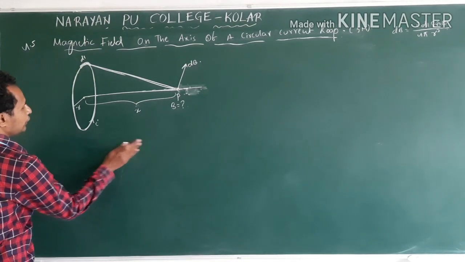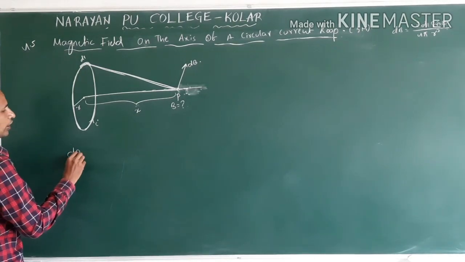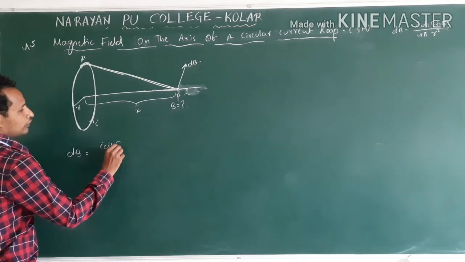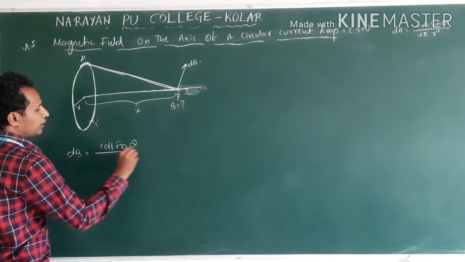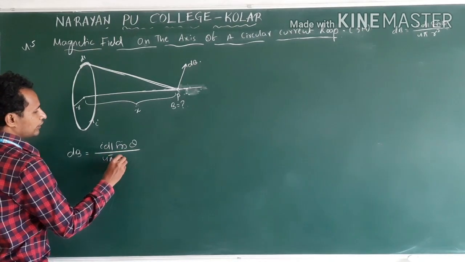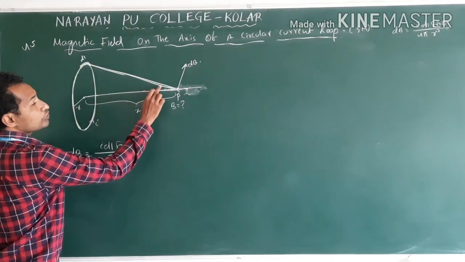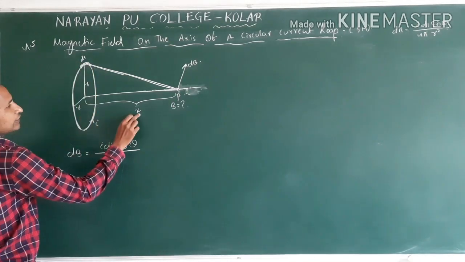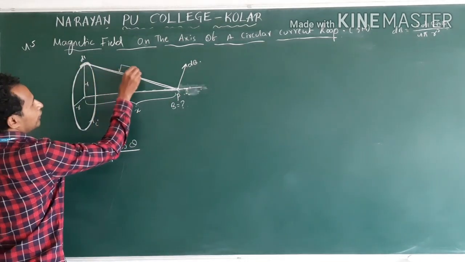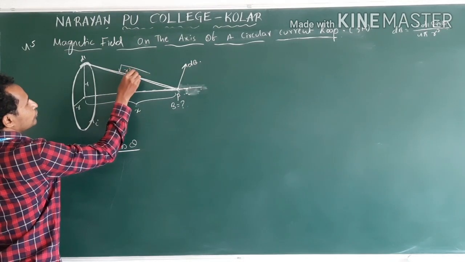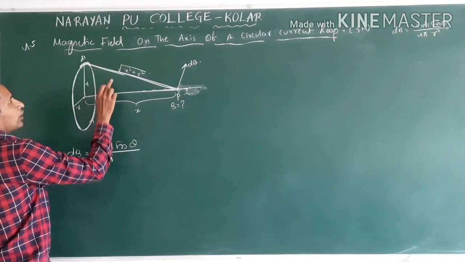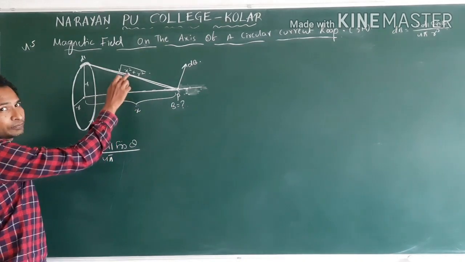Now I am writing the equation dB small is equal to I dL sin theta by 4 pi times this distance square required. Now this is radius r, this is x, this will be under root of x square plus r square, the hypotenuse. Clear?